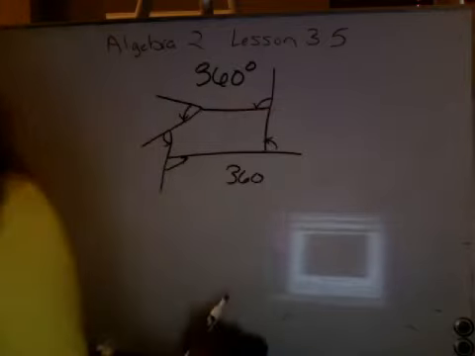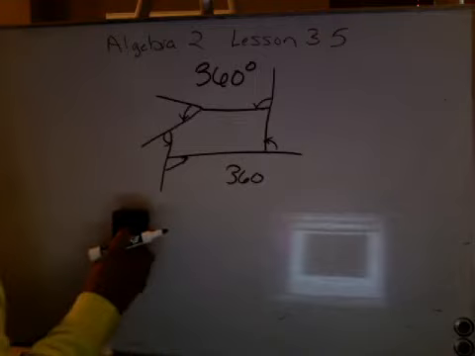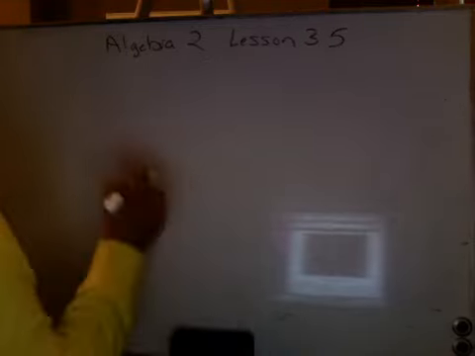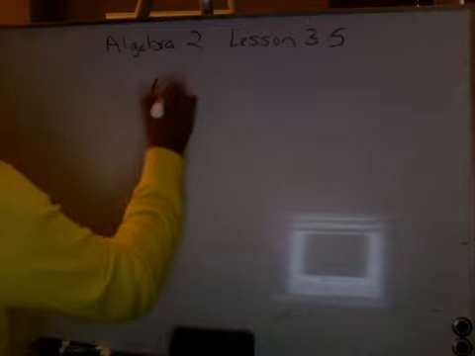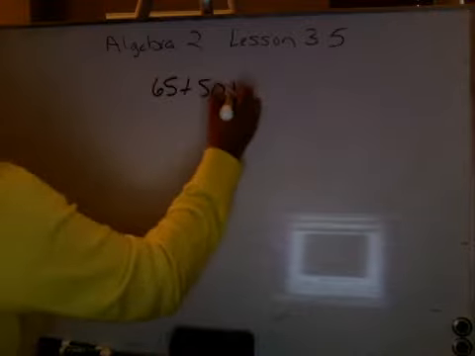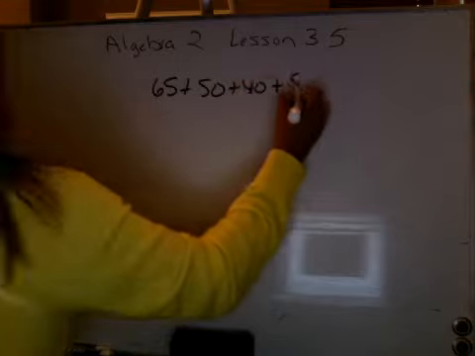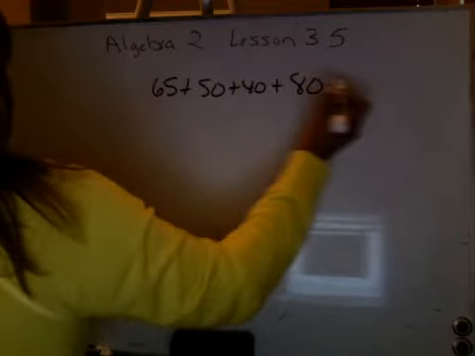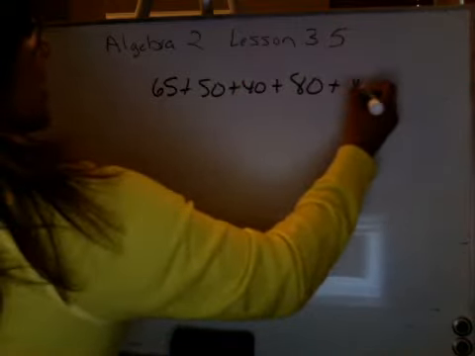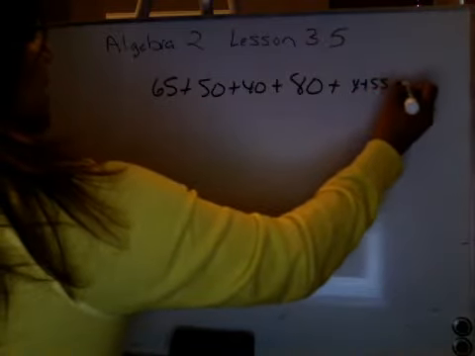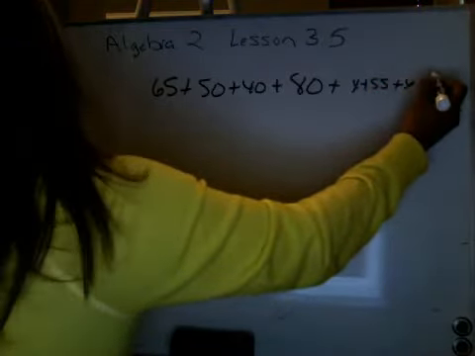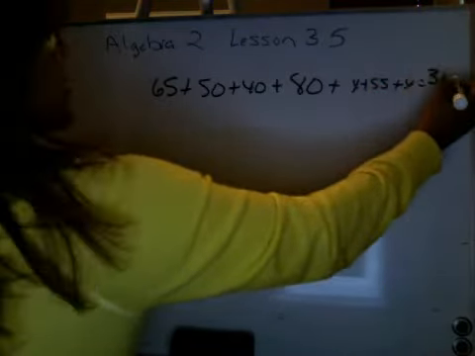So if you look at example 35.1, it says find x and y. Well, they give us the angles, and you have to add all of them. So you would do 65 plus 50 plus 40 plus 80 plus x plus 55 plus x, all has to equal, we said, 360 degrees.